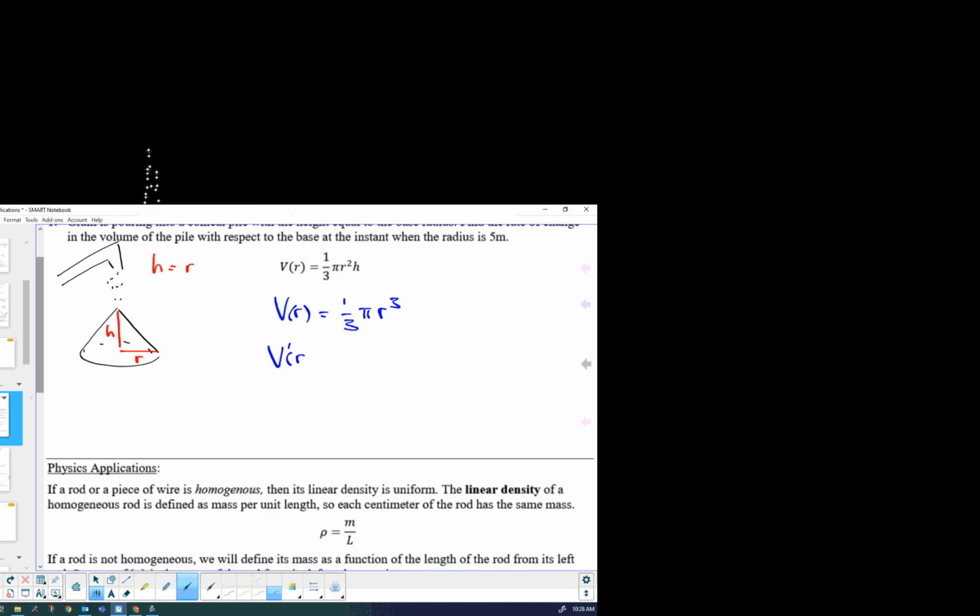So v prime of r would equal pi r squared. Interesting. It is a circle. That's the area of a circle. So somehow there's a connection between how the volume of a cone changes that's connected to the area of the base. Oh, why is that?